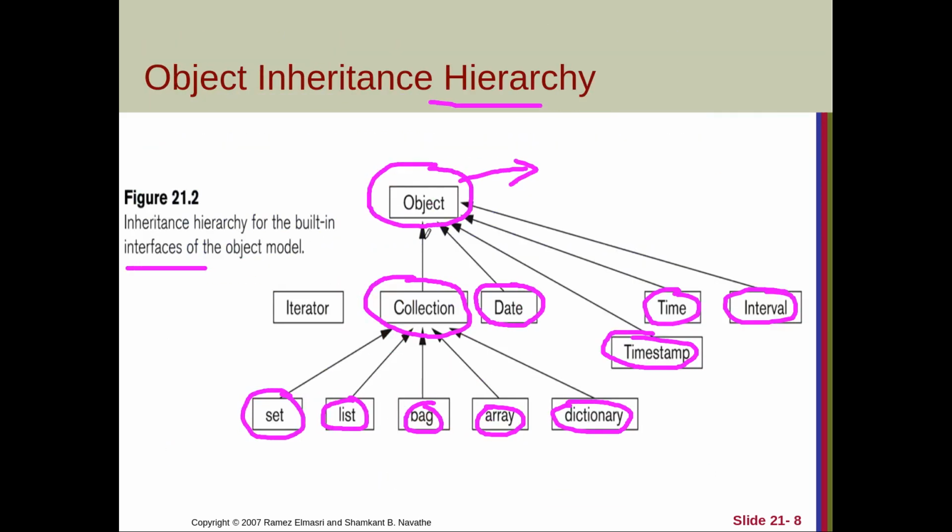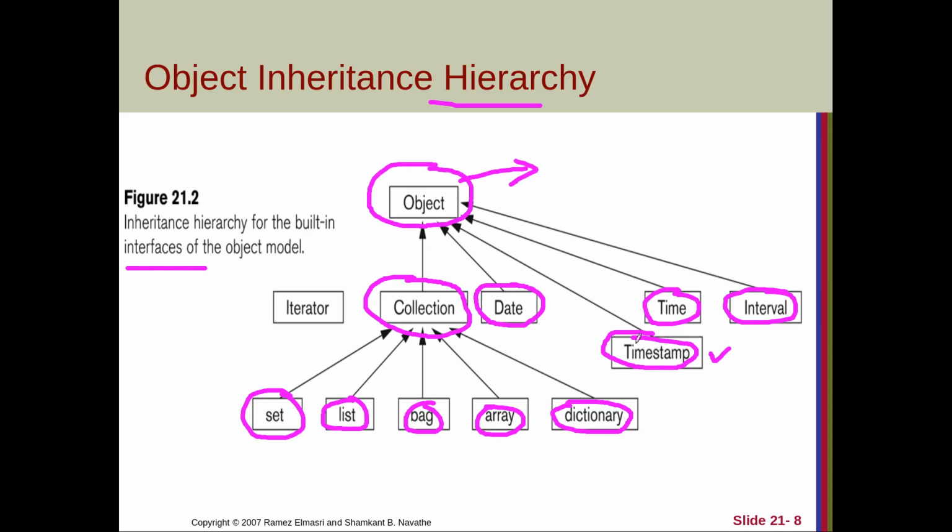So why are we using that mechanism? Because date is inherited from object, and we can define the operations. So date will have different operations available. We do not have any further interface based on date. Similarly, we have timestamp. Timestamp, along with date, has the time information also available.